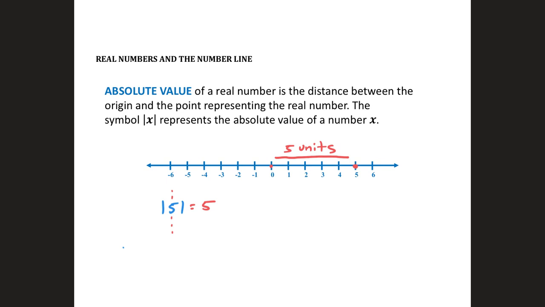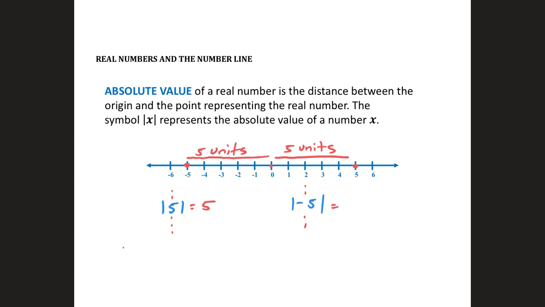Well, what about the absolute value of -5? And again, this is just a little quick review of what it means to have these absolute value bars. So I'm going to think of this as, again, reminds me of a little road, the distance that -5 is from the origin, from 0. And I'm going to count 1, 2, 3, 4, 5 units from 0.